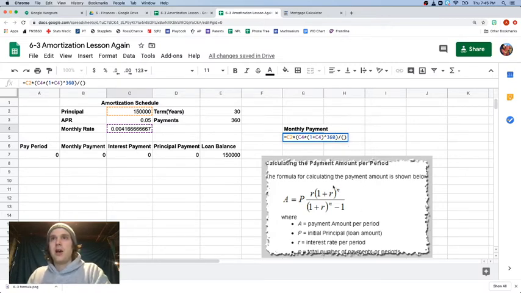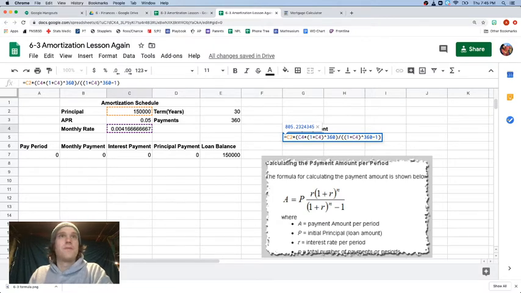In the denominator of the fraction, we have a second group of parentheses. We're going to do 1 plus that interest rate again, raise that to the 360th power, and then subtract 1, and we should get 805.